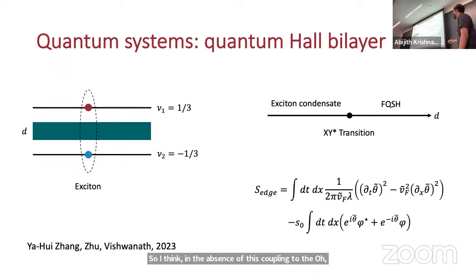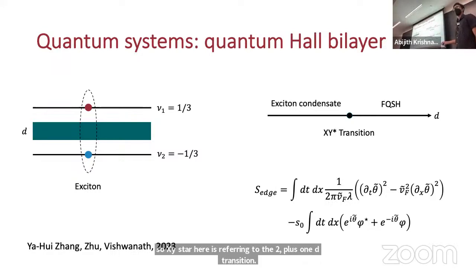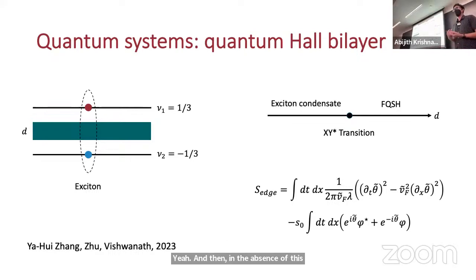In the absence of this coupling to the bulk, where XY star here is referring to the 2+1D transition, the boundary would act as a 1+1D Luttinger liquid. But since there's this coupling to the bulk, we get the extraordinary log universality class.